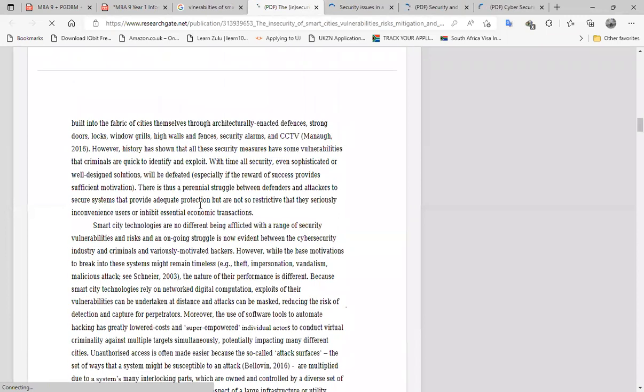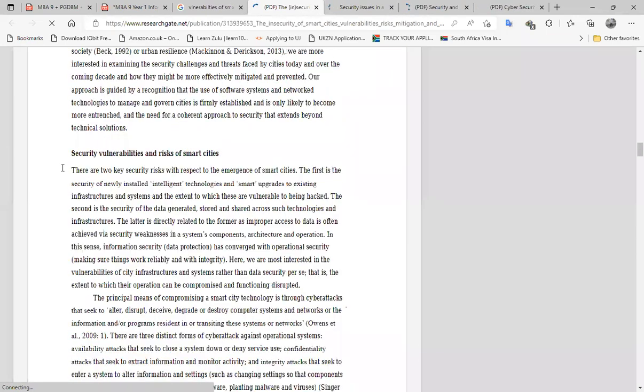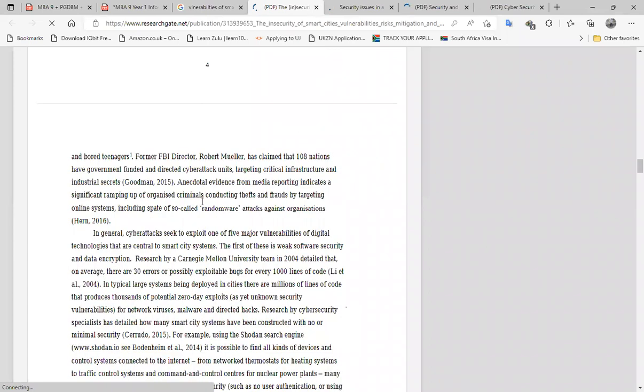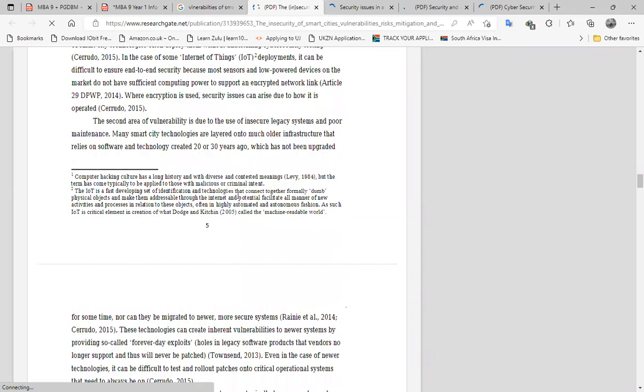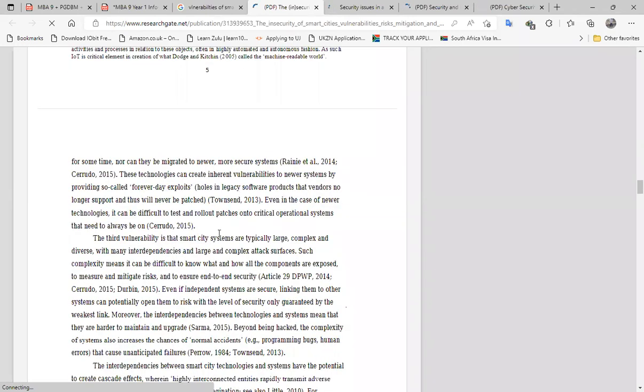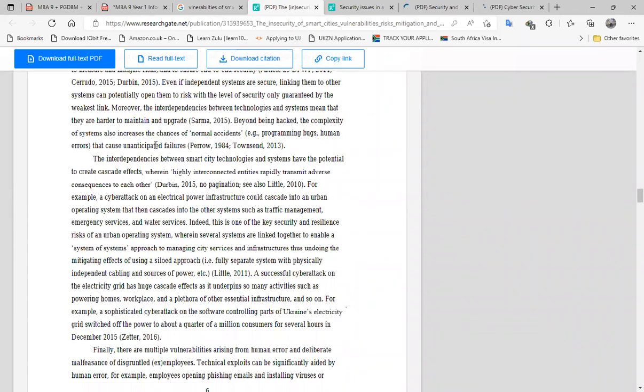All right, yes, that's a document. So security vulnerabilities, they list them here. Okay, no. This one's a little bit off, right?